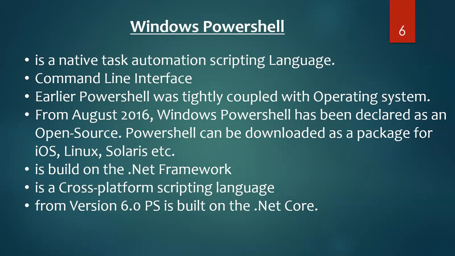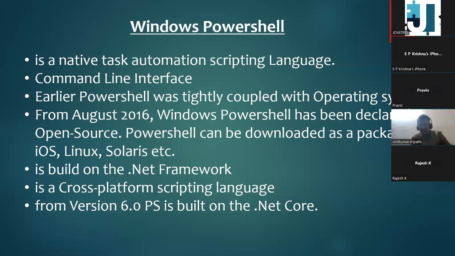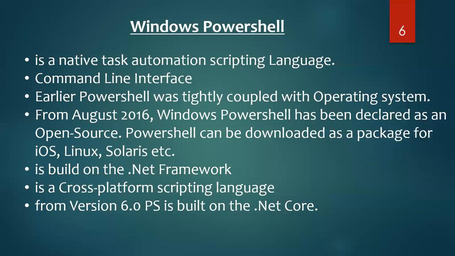So we are going to talk to that blue color screen, and we are going to provide some commandlets, and we are going to get some answers from the machine. That's why it is called a native task automation scripting language, and it's a CLI, a command line interface. We all know that it's a CLI, and you have to write a commandlet. That's when the system will understand. That's when the system will reply to you.